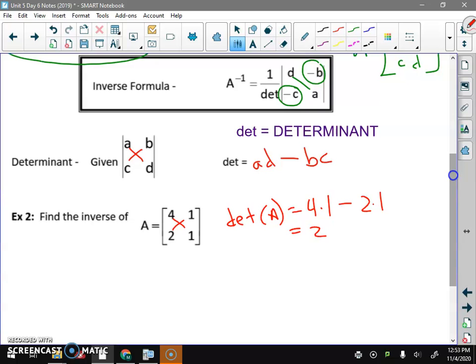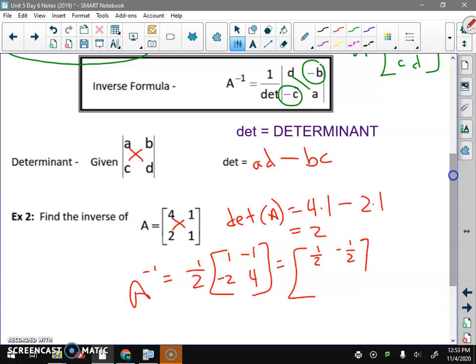So A inverse equals 1 over that 2. Switch the A and the D, negate the B and the C. And if I multiply through, a half times 1 is a half. A half times negative 1 is negative a half. A half times negative 2 is negative 1. A half times 4 is 2.